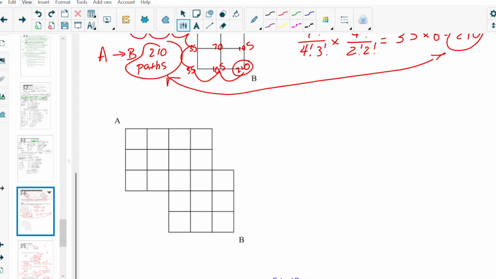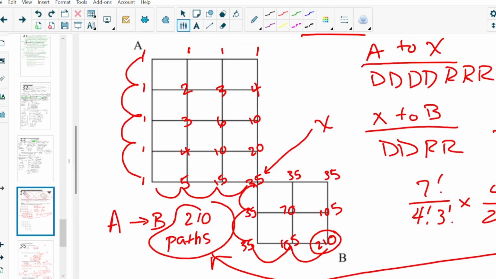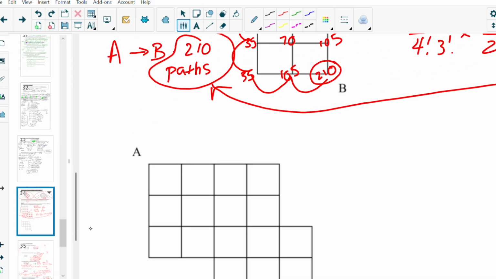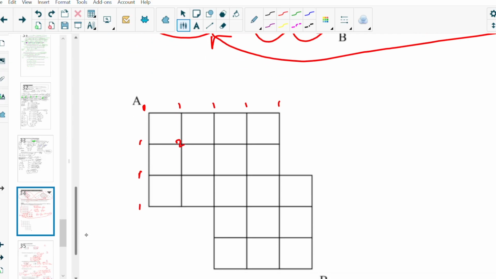This one we have overlapping rectangles. We're going from point A to point B. I'm going to set up my Pascal's triangle numbers. The edges all have 1 to start, and then let's do that adding thing. So there's 2 there, 3, 3, 4, 6, 4, 10, 10, 5, that's 15, 20.